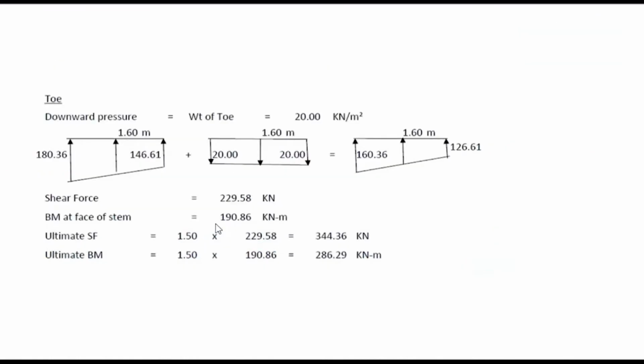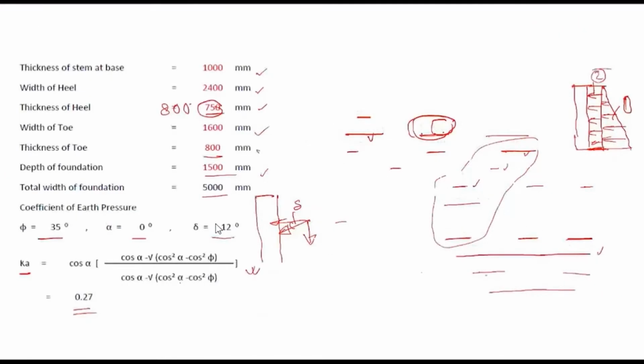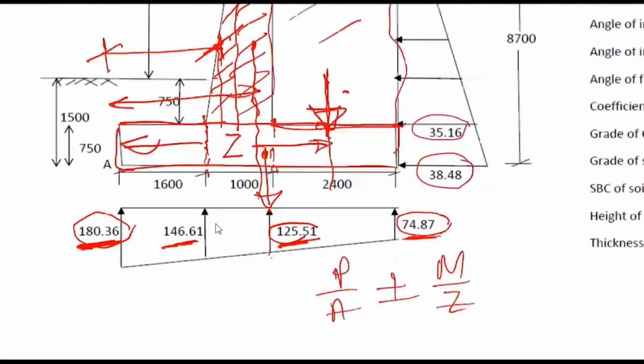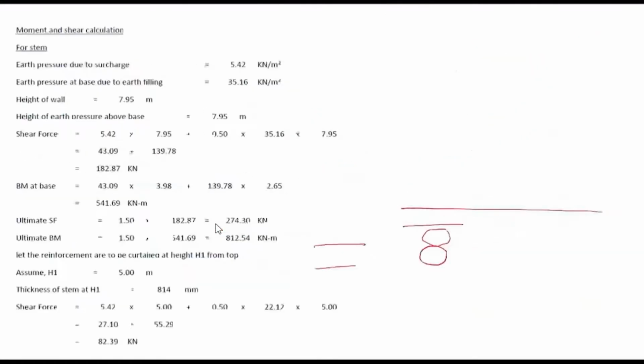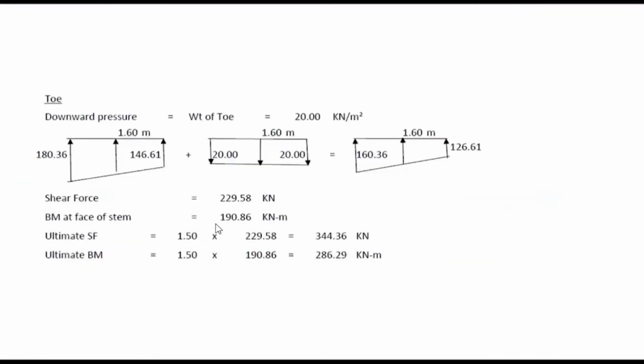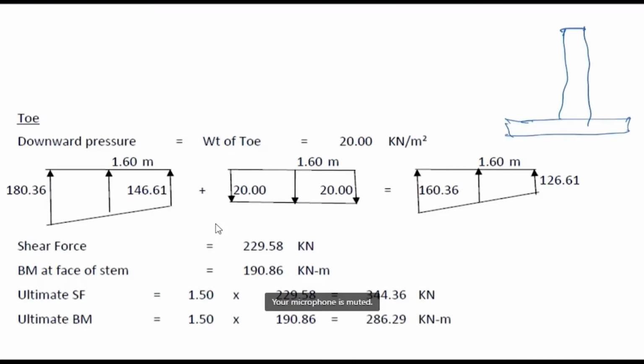Again, we have seen that the force was this 180.36, 146.61, from soil, that will act upward. Now suppose this is the retaining wall. This is the soil pressure.